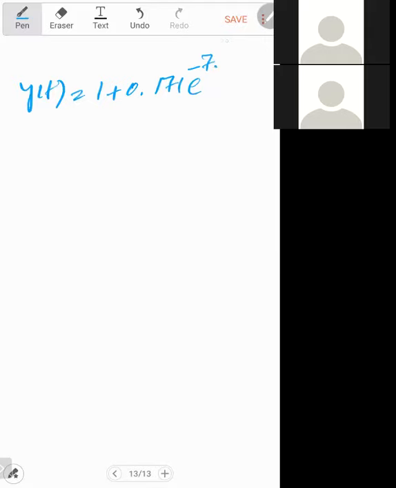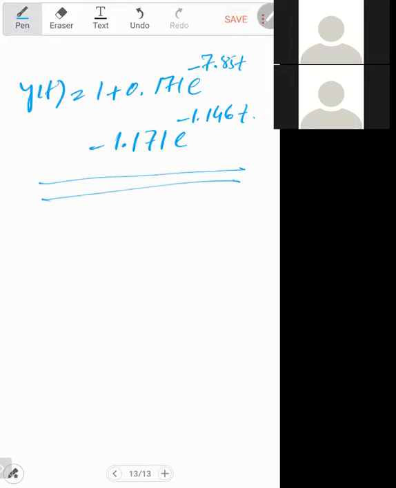You see P2 t, so P2 is equal to 7.85 t minus 1.171 e to the power P1 t, and P1 is equal to minus 1.146 multiplied by t. So you got this expression, and it was pretty easy if you use the closed form solution.